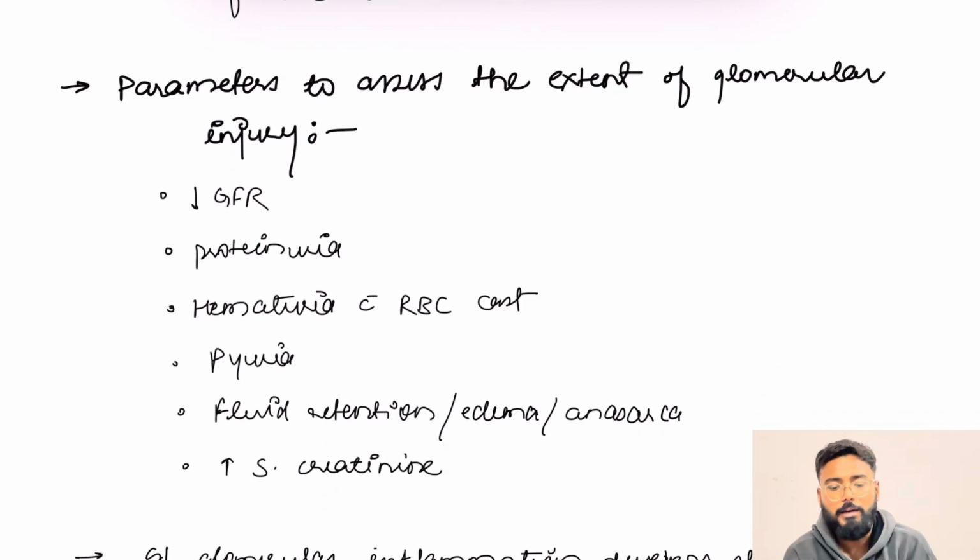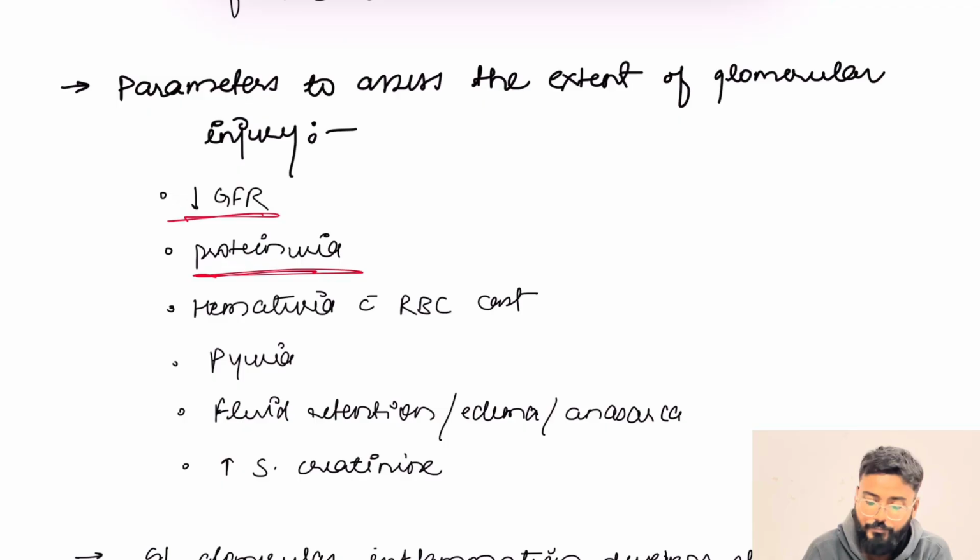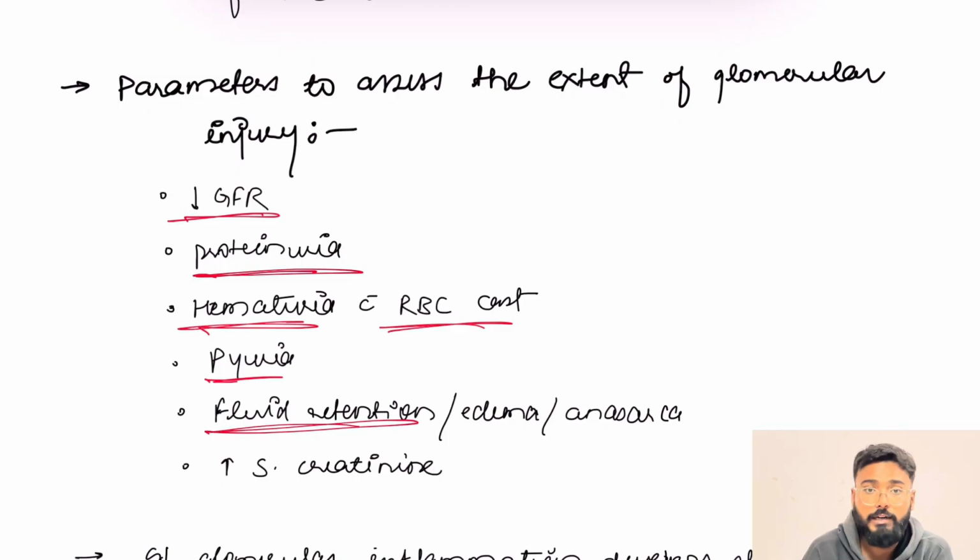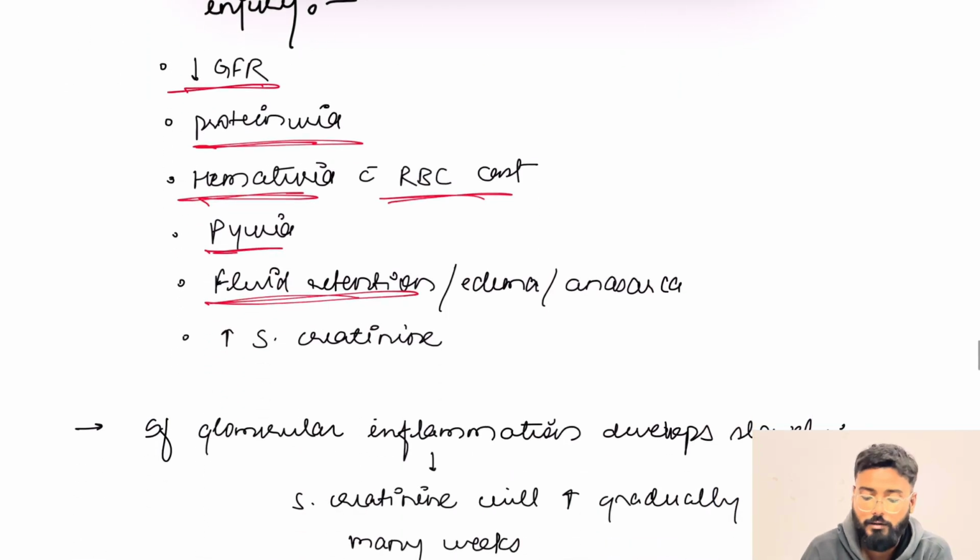Now what are the parameters that we need to assess glomerular function or glomerular injury? There will be a decrease in GFR, glomerular filtration rate. There will be proteinuria. There will be hematuria with or without casts. There will be pyuria. There will be fluid retention, that is edema, or anasarca, and there will be increased serum creatinine.